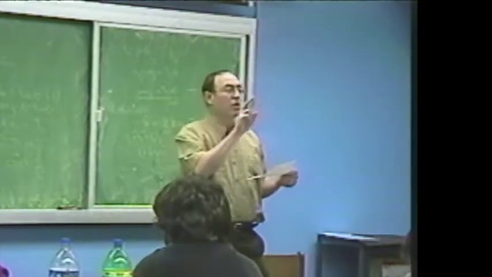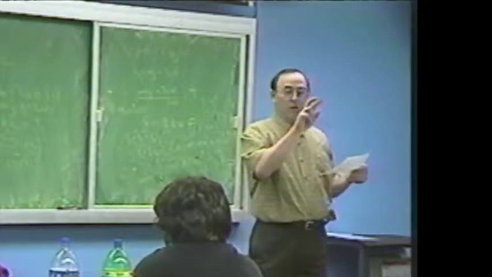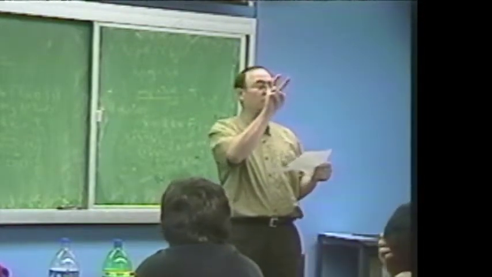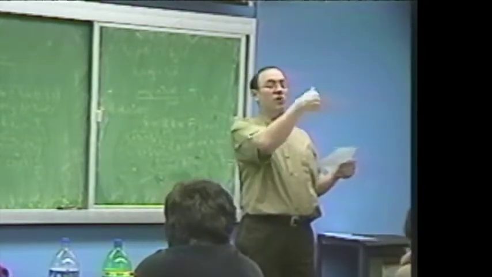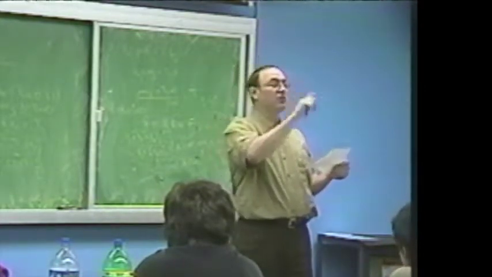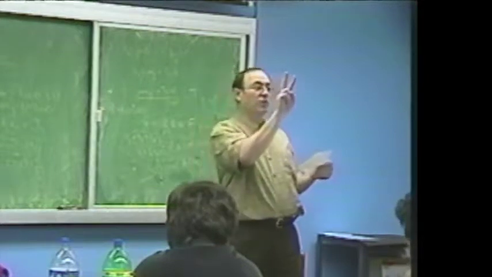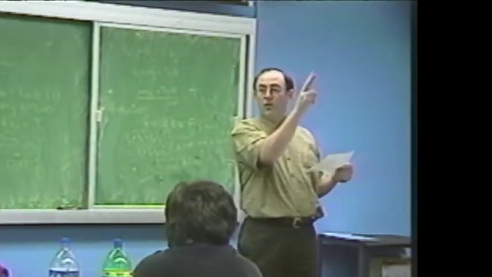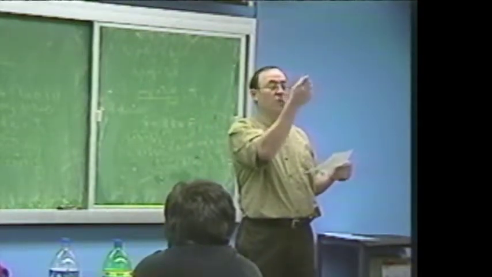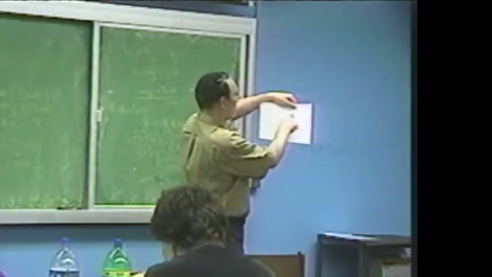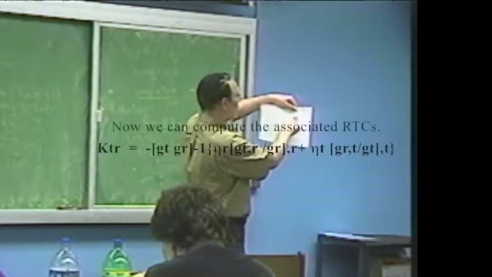For the tr curvature, you have t and r. We're talking about the curvature of the tr surface. You take g_t with respect to r, and g_r with respect to t. Those are the two derivatives of the g's. So you're taking derivatives with respect to the ones that are in there. This is the Gaussian curvature formula in terms of the g's.